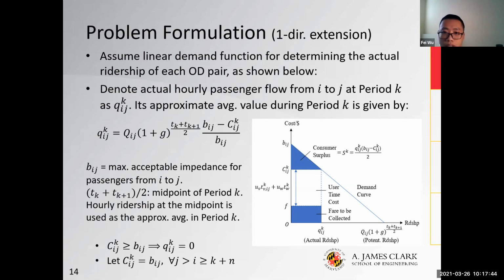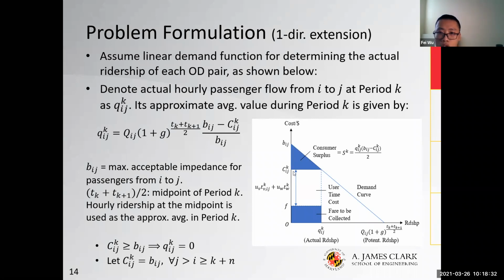As you can see from this graph, we are using a linear demand function, where we assume that the ridership will be zero when the actual impedance is at the maximum acceptable impedance, and as the actual impedance decreases, the actual ridership for an OD pair will linearly increase until, when the impedance is zero, the actual ridership will reach the potential ridership.